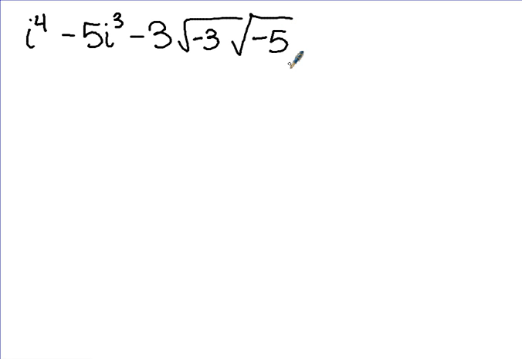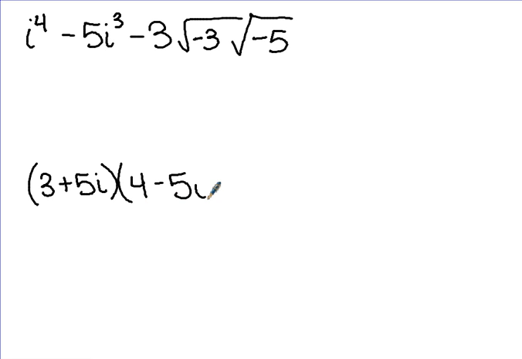Right, that's the first one. The second one is 3 plus 5i times 4 minus 5i. Right, so go ahead and solve those example problems, and we will look at them when we come back into class.